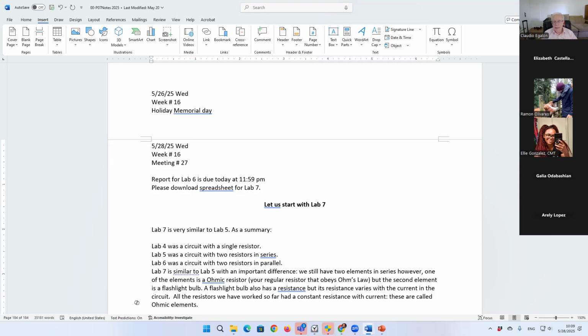So all the resistors we have worked so far had a constant resistance. The resistance did not vary with current. The so-called ohmic elements are ohmic resistor, ohmic element, or ohmic resistor.